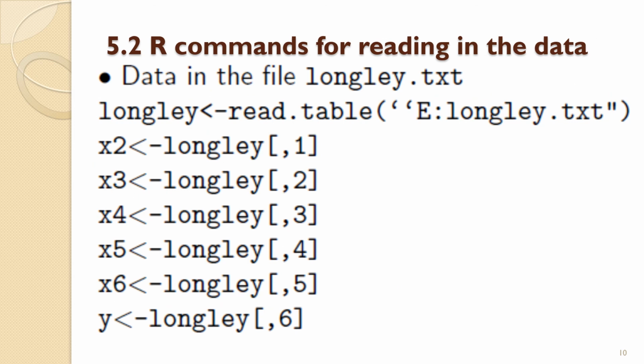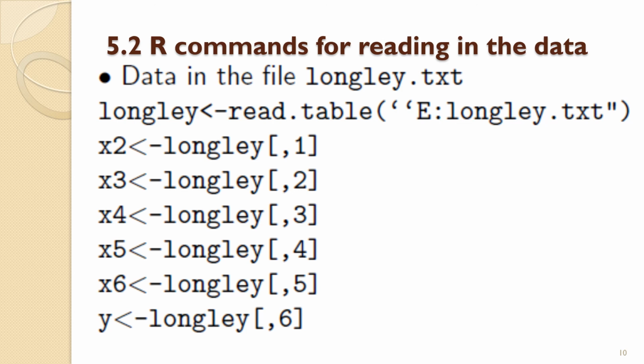The data is available in this file longley.txt, available from the module page on Canvas. So the best way to do this is to save this text file onto your USB stick. On my computer, my USB drive was drive E, so you need this command here, read.table applied to this file path.